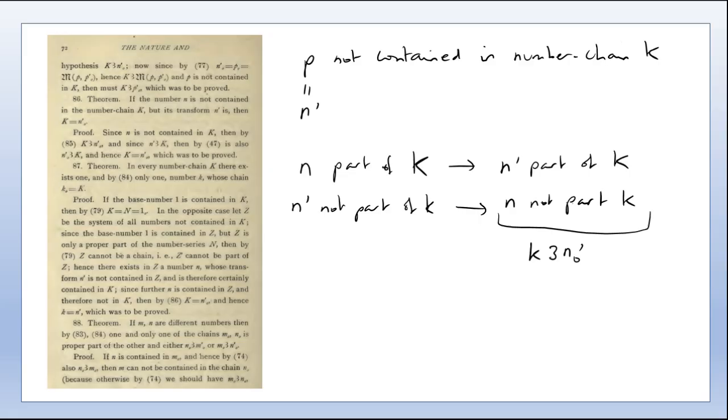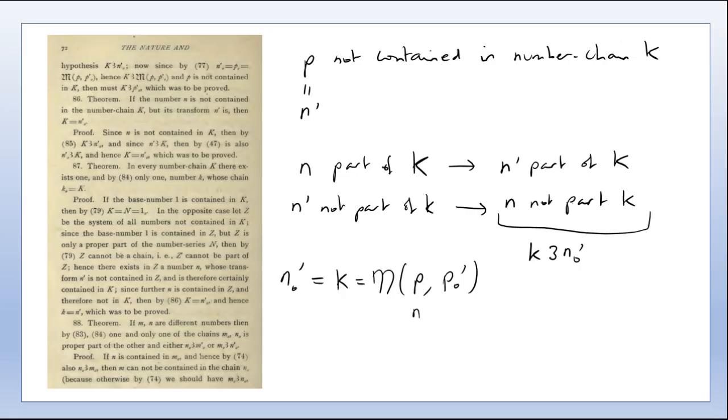Is the chain of N, is it N or is it N primed? It's N naught primed. The transform chain of N naught primed is going to be equal to the system compounded of P and the transform chain of P naught.